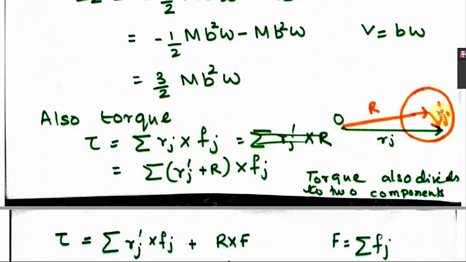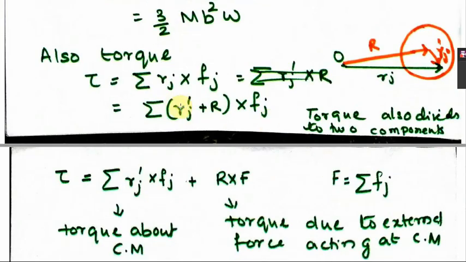This is R. Rj prime is the distance of that particle from the center of mass. So Rj can be written as Rj prime plus R. This is vector Rj, that is equal to R plus Rj prime. That is what I have substituted here, cross Fj.